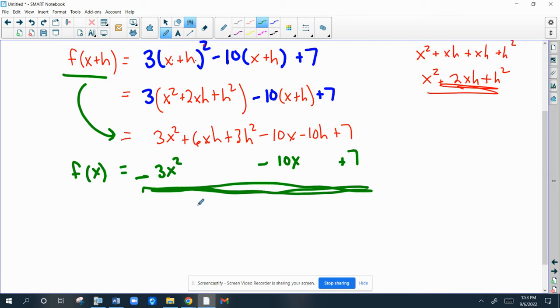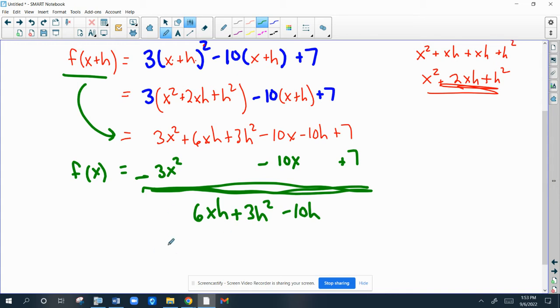So 0 plus 6xh plus 3h squared, that's gone, minus 10h. So that always happens. What also always happens, and it's a good idea to take care of this now, is everything that's left will have an h.